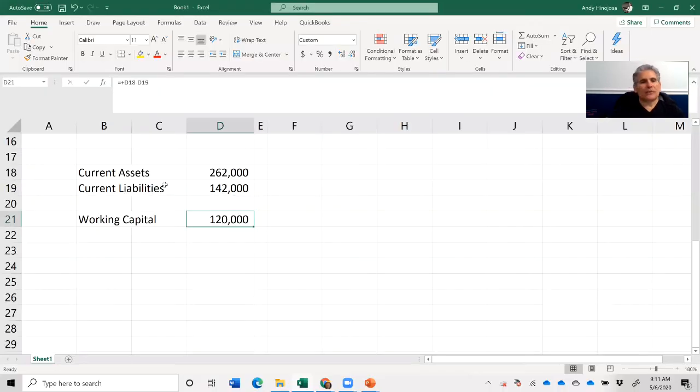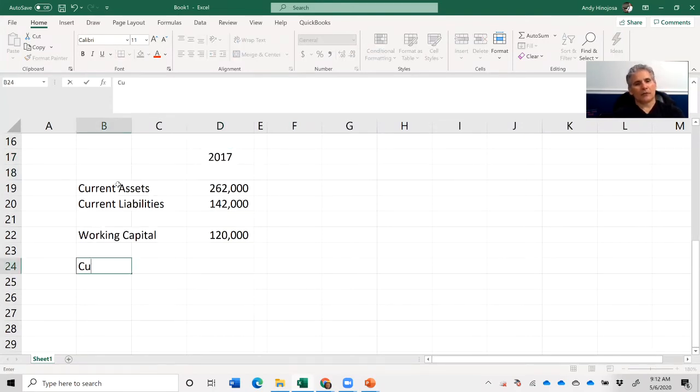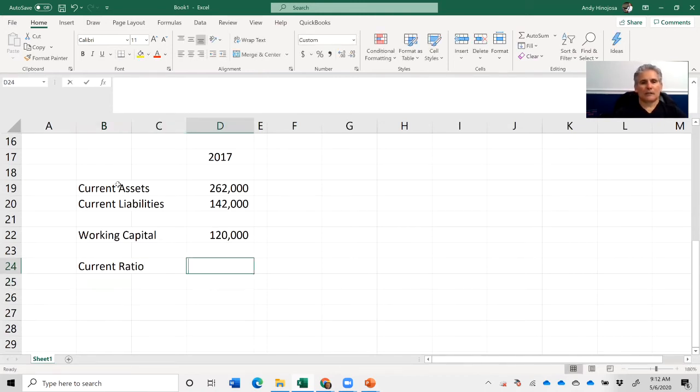So since we already have the 2017 numbers, the current ratio, we're going to take current assets and we're going to divide that by current liabilities.